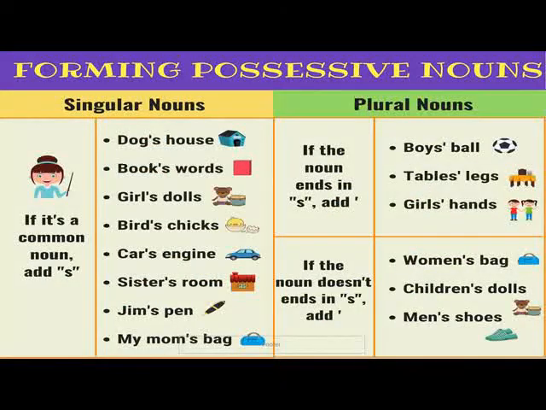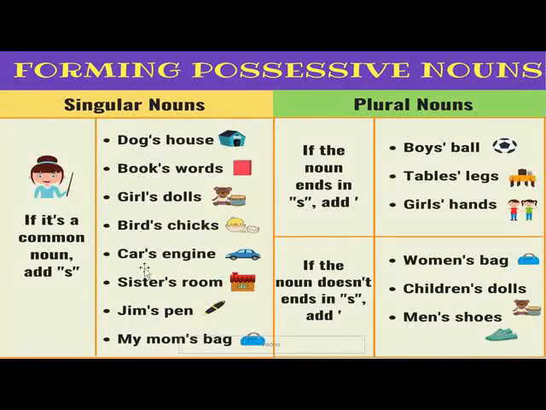Now let's revise all that we talked about in the beginning. For singular nouns, if the word is singular, it means I have one thing, I will add apostrophe, then S. Apostrophe S, apostrophe S, apostrophe S. Okay, see, dog's house, box's words, girl's dolls, bird's checks, car's engine, sister's room, Jim's pen, my mom's bag.